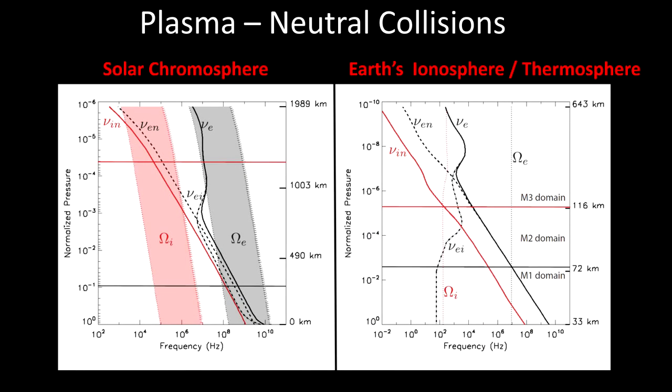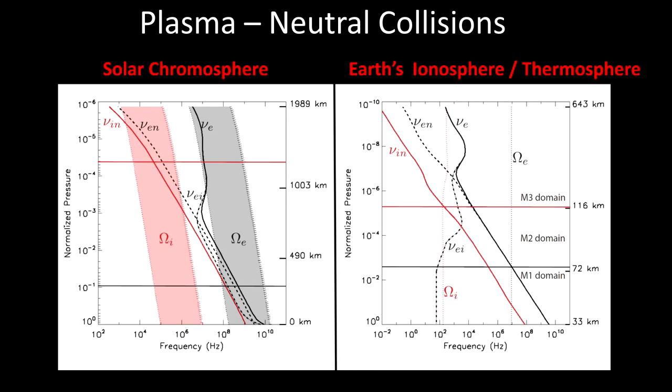But it is interesting to look at the two and try to apply it. And fundamentally, if you look at the plasma-neutral collision relationship, and this is the same type of curve that I showed earlier, the relationship of ion-neutral and electron-neutral collision frequencies to the gyro frequencies. You do the same in the chromosphere, and you can identify Pedersen, Hall, and E cross B plasma drift regions that apply in the chromosphere.